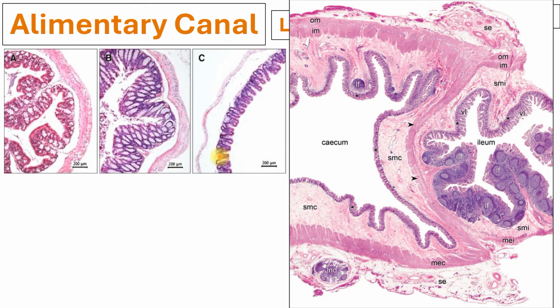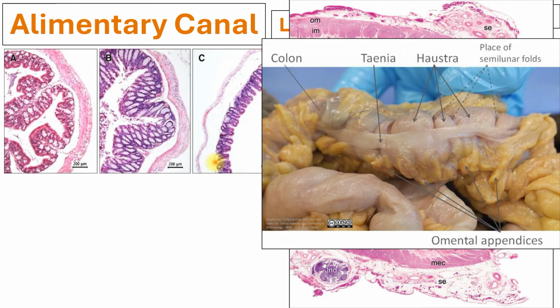So again, in the large intestine, you would see an abundance of goblet cells in these intestinal glands. Okay. What else? In the parts of your colon as well as your cecum, especially in large animals which have bigger colons and cecums, they would need the support of this tapeworm-looking band of muscle, which is called your taenia coli if it's found in the colon, and taenia ceci if it's found in the cecum.